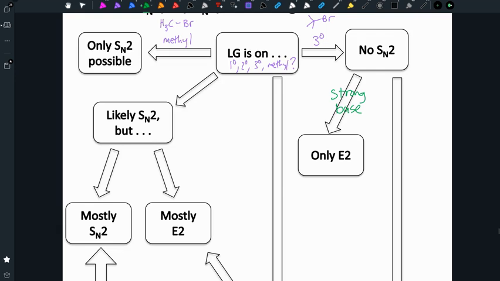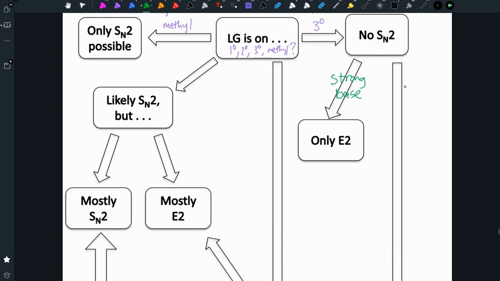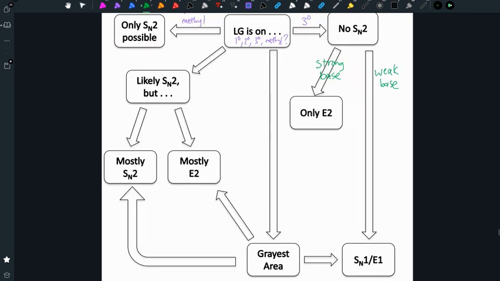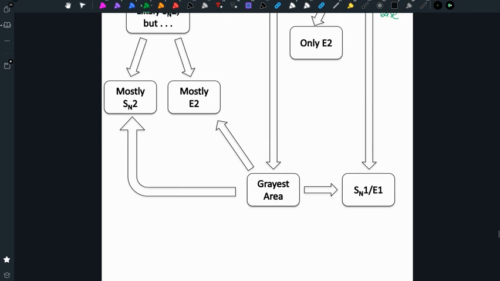So we've ruled out SN2, we've ruled out E2. This is where you're going to consider SN1 and E1, right? So if there's a weak base as your other reactant, you should expect a mixture of SN1 and E1. And we said SN1 usually predominates.